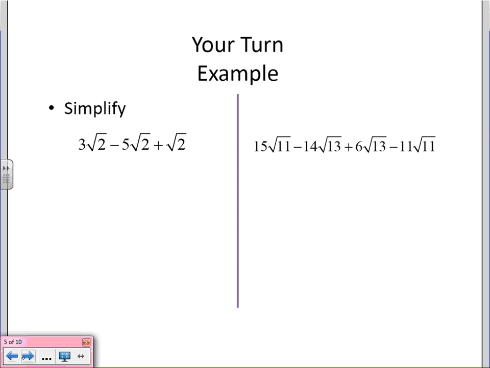Okay, so here we write 3 minus 5 plus 1 square root 2, negative 1 square root 2, and we know that that's a negative 1, so we're just going to write negative 2, negative square root 2.